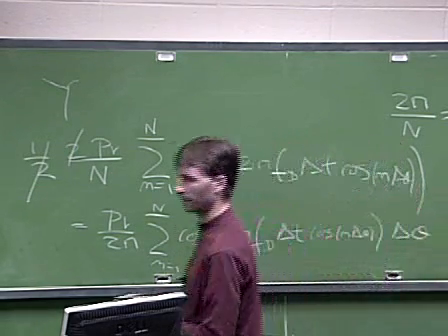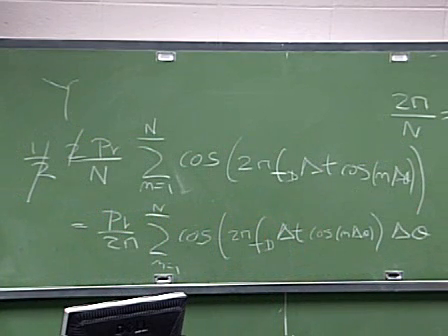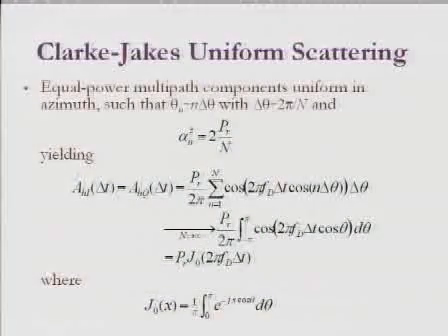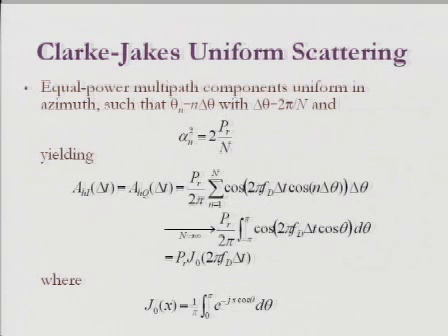So we get something like this, which should be what we have in the slide, if I didn't make any mistakes. Okay, so that's over here. We just substituted these values for alphas and for thetas, and we got this.